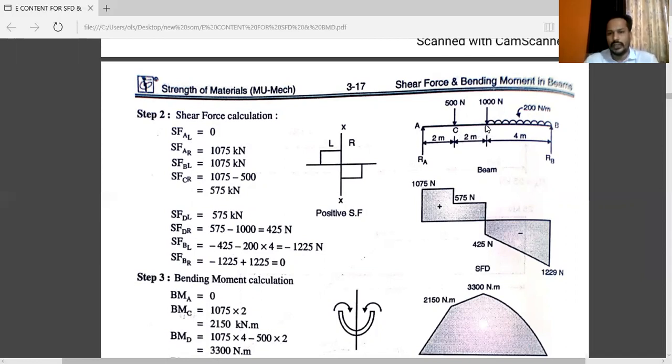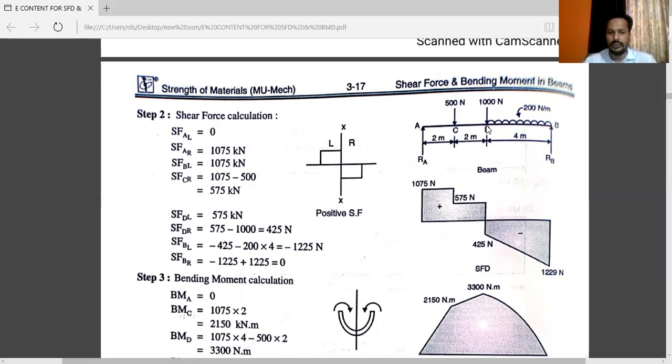Now we are calculating bending moment about D. The first force, RA, will move in the clockwise direction and it is left of the section. So RA into 4 is positive. But the 500 Newton will move in the anti-clockwise direction and it is left of the section, so it is negative, that is hogging bending moment.